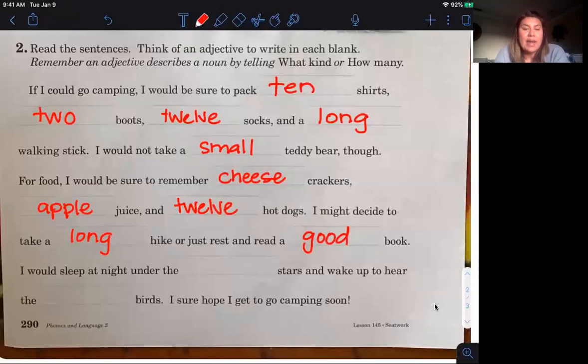I would sleep at night under the bright stars. Kind of stars? The bright ones. And wake up to hear the what kind of birds? The chirping birds? I sure hope I get to go camping soon.